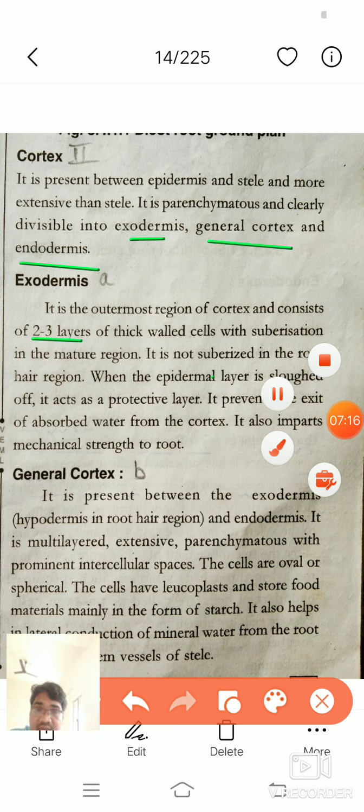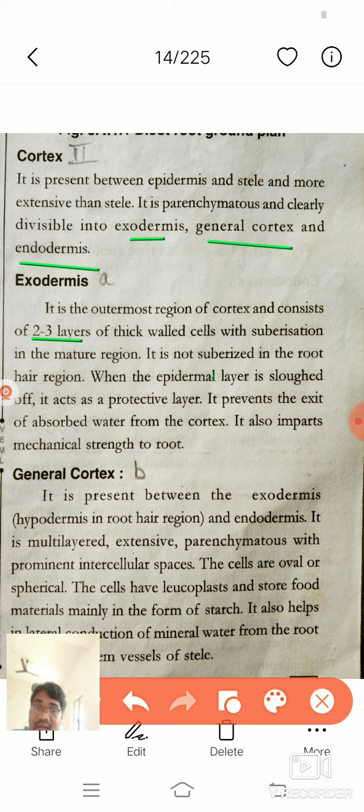Next, the second region in the cortex is the general cortex. It is present between the exodermis and endodermis.